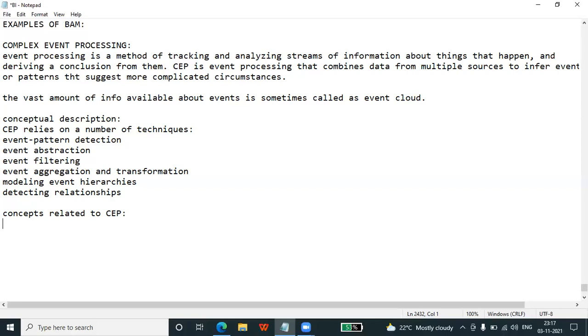In network management, systems management, application management, and service management, people usually refer instead to event correlation.